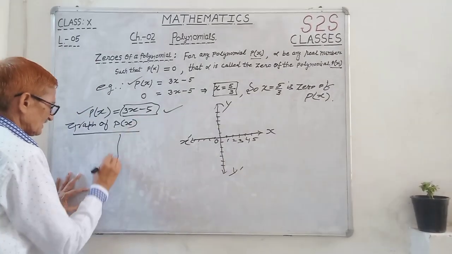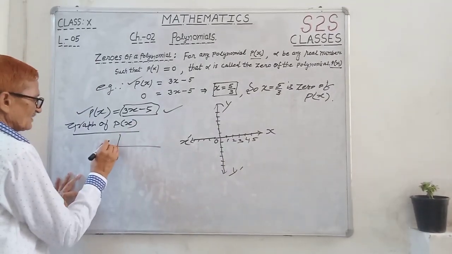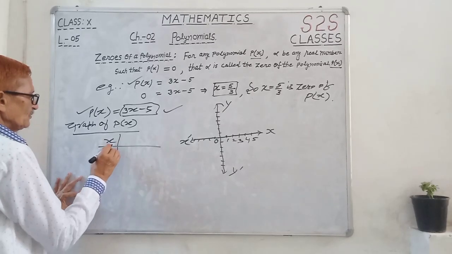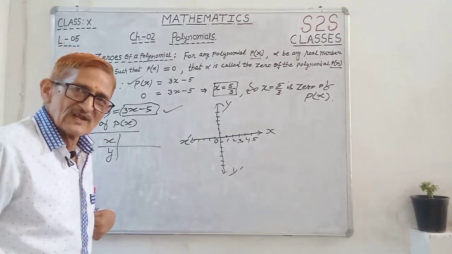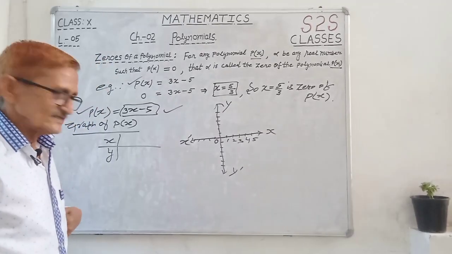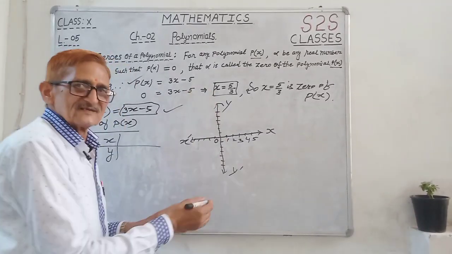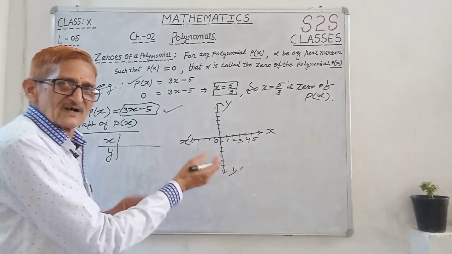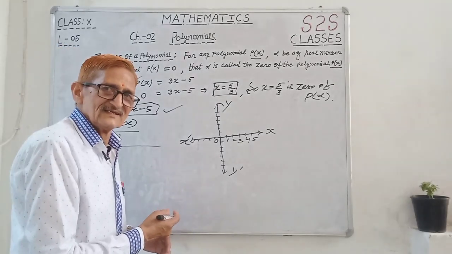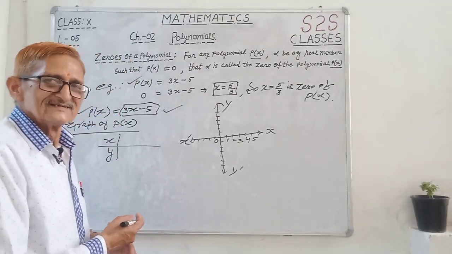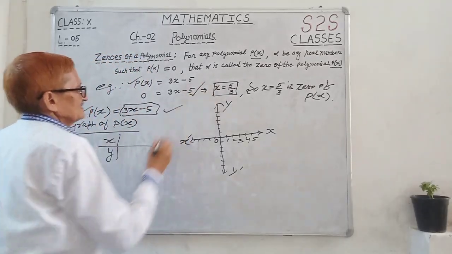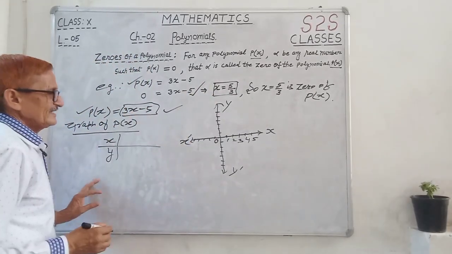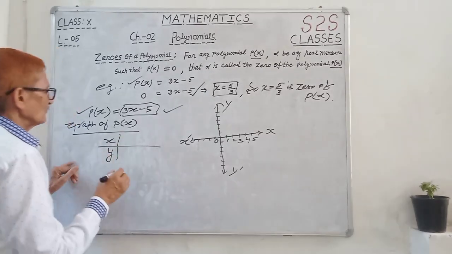Now make the table for the value of x, and the polynomial value is called y. What is the polynomial value? That is called y. So the polynomial value goes on the y-axis, and x is the independent variable, so x is on the x-axis. So always take an x value here, any value of x, and find the polynomial value.